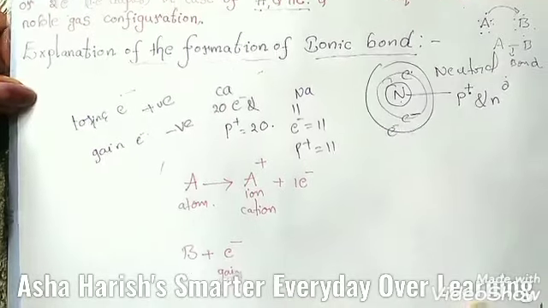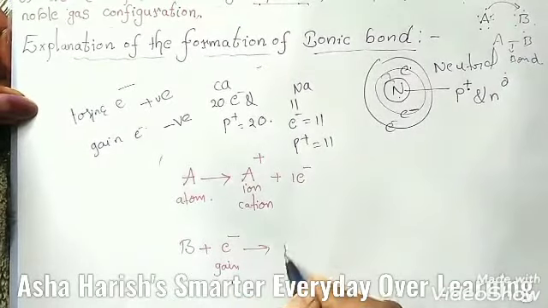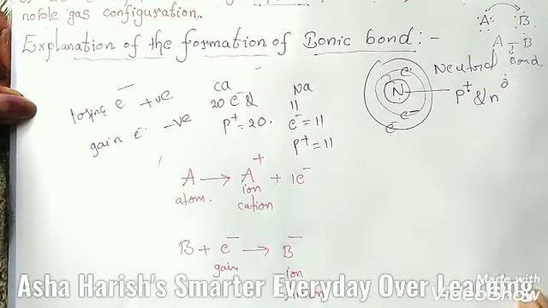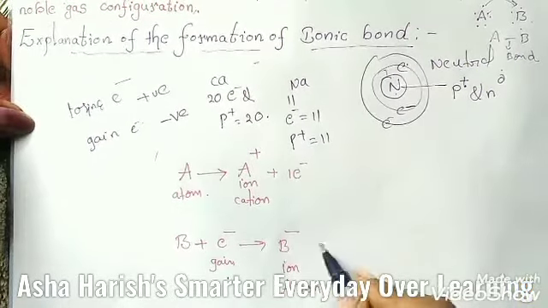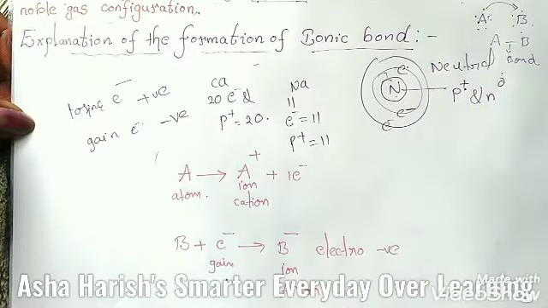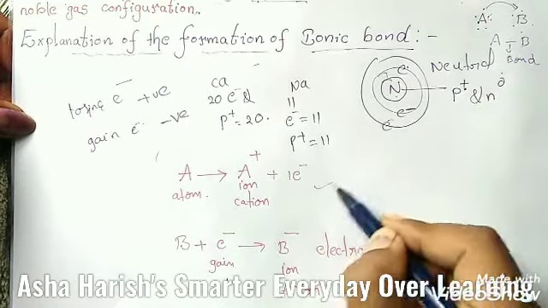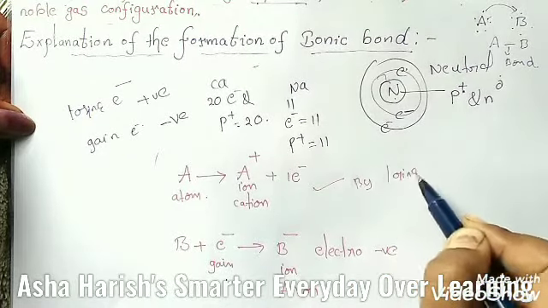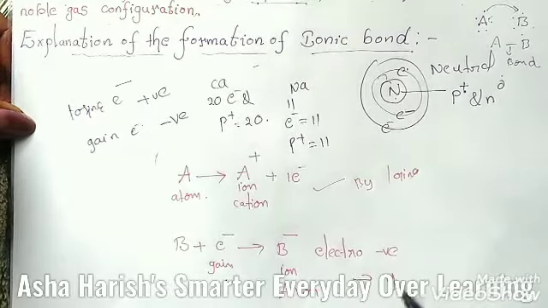This is known as gaining of an electron, and B minus ion has been formed. This is also called anion formation, or electronegative ion. So this is by losing of electron, and this is by gaining of electron.